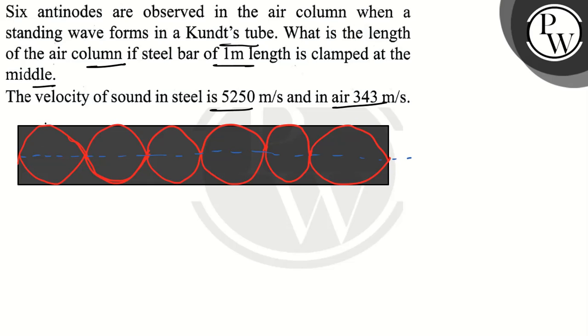So first of all, the points where we have maximum displacement are called antinodes. So these are the points of antinodes. Now antinodes are six, and the point where displacement is zero is known as a node.